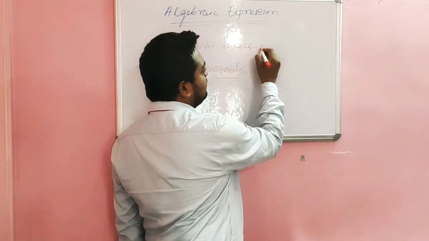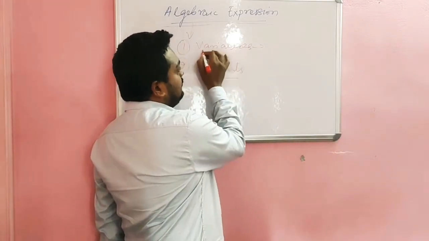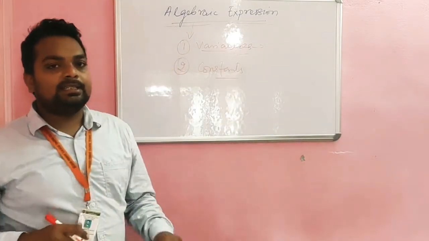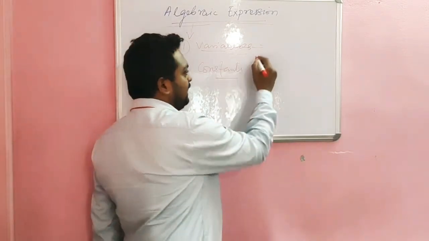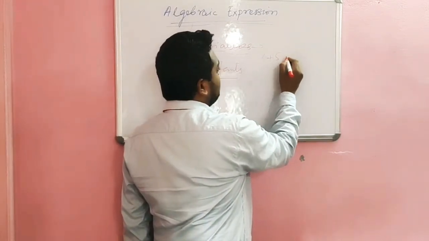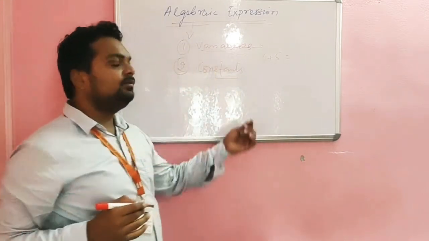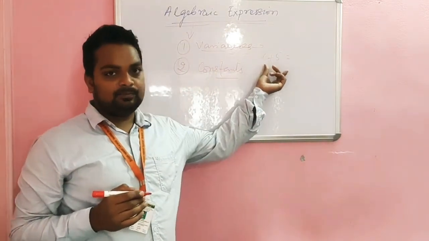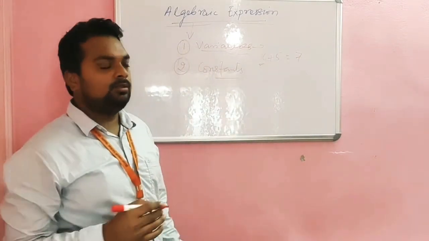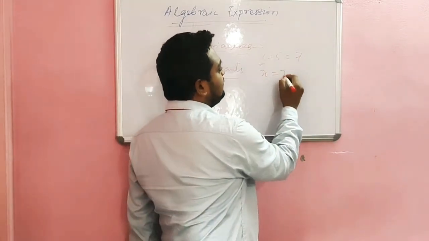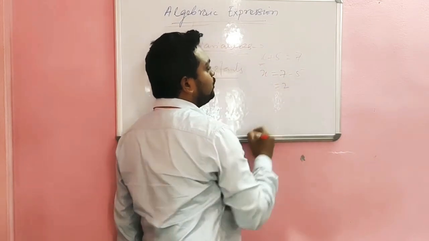So variables are the terms that are able to vary, you can say, like suppose we have x plus 5. If I say x plus 5 is equal to 7, then for x we have x is equal to 7 minus 5, that is equal to 2.